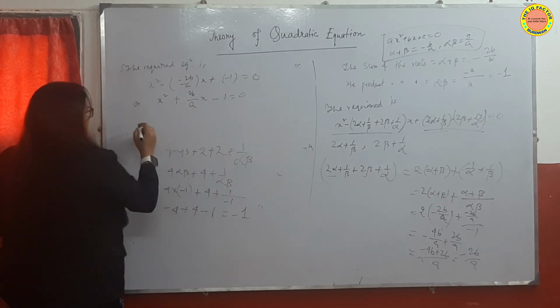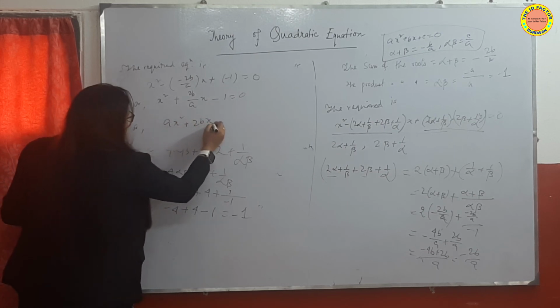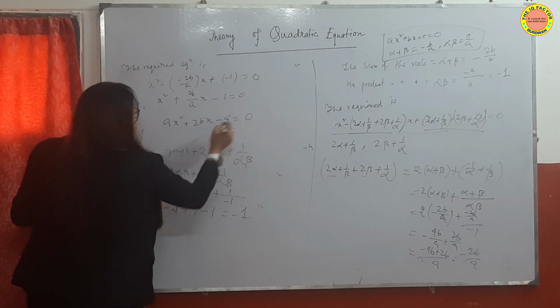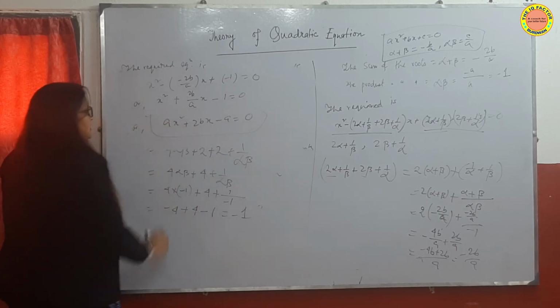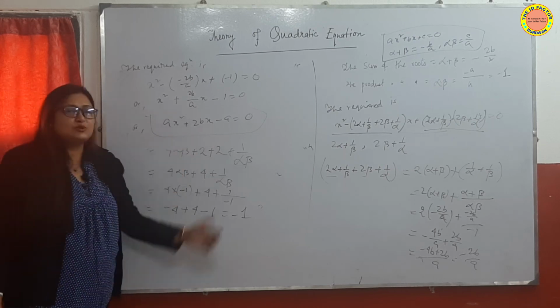Or simplifying, we can write ax square plus 2bx minus a is equal to 0, which is the answer: ax square plus 2bx minus a is equal to 0.